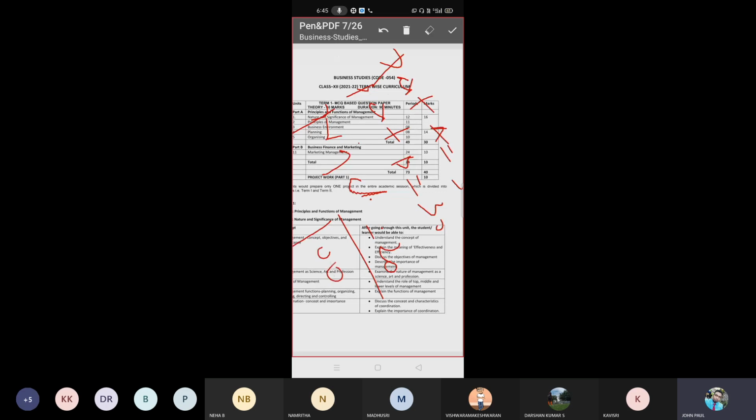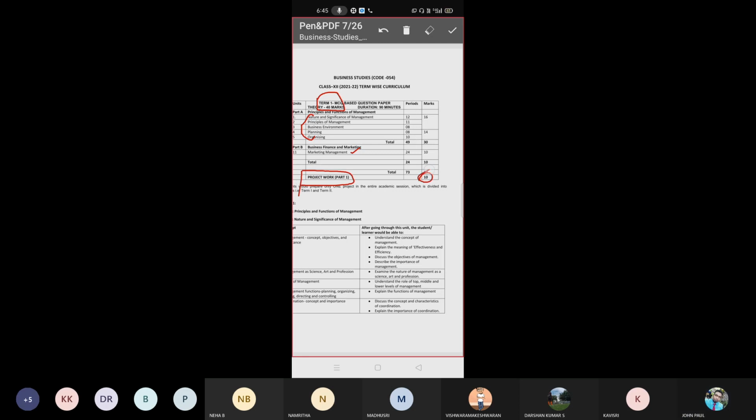So total 100. But now they have totally revised it. So part A consists of term one, instead, in term one, part A, 5 chapters, part B, 1 chapter. So total 6 chapters. Among these chapters, you'll be writing MCQ 40 marks, and including that, a project work part one.